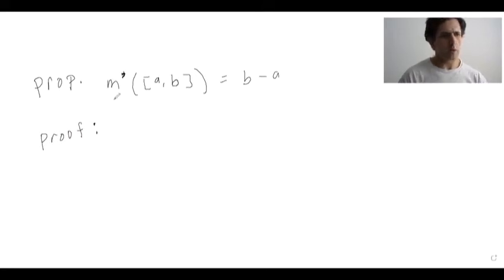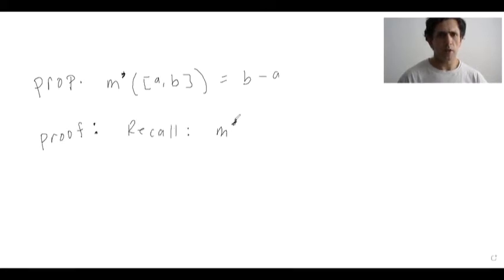So let's get the easy half of this proof out of the way. Let's say epsilon is positive. Let me remind you what the definition of outer measure is. So maybe I'll first write the definition down and then give you an epsilon.